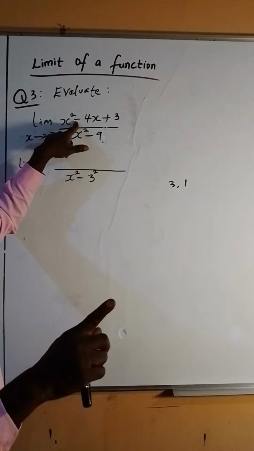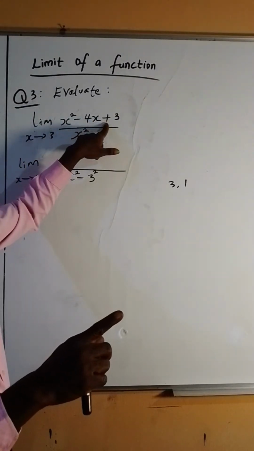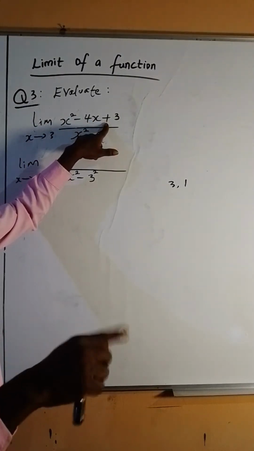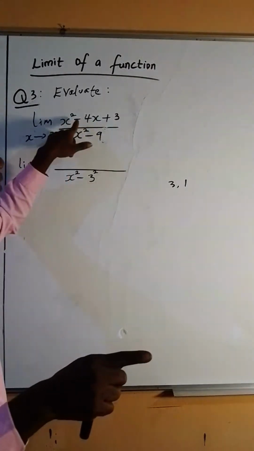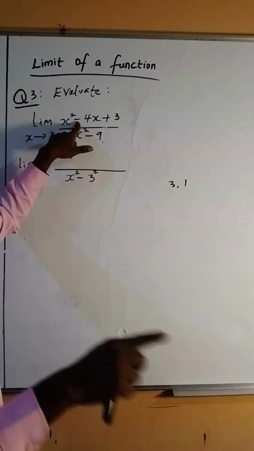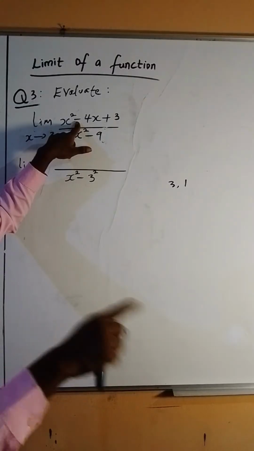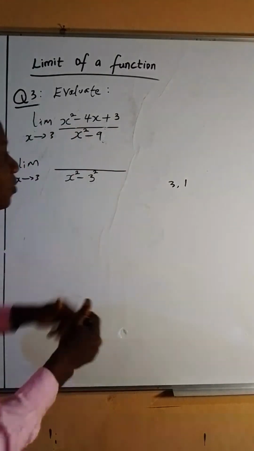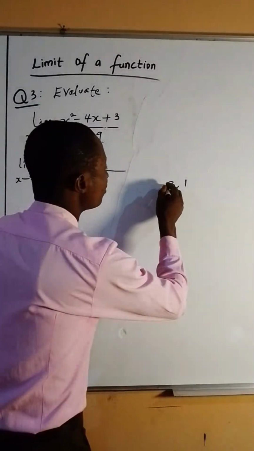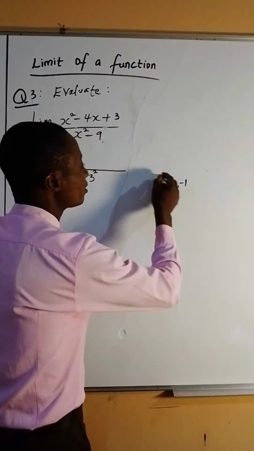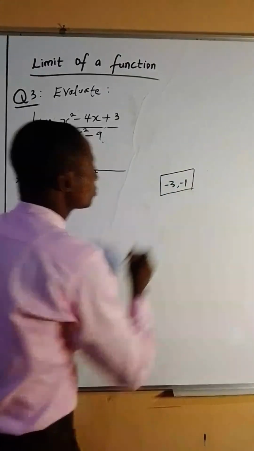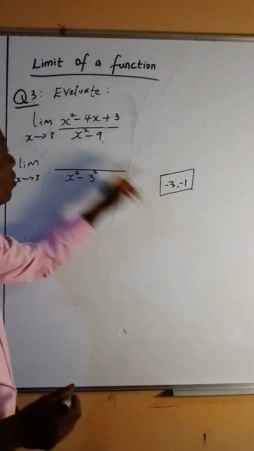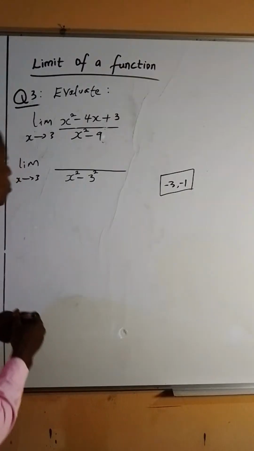Don't forget that this is plus, which means the two numbers must have the same sign, and the minus here means both of them will have minus. So here we are going to have minus and here minus. That is the implication of these two values.